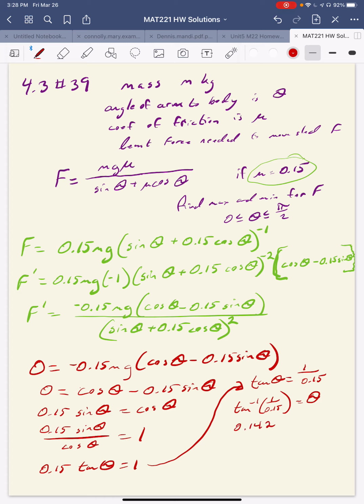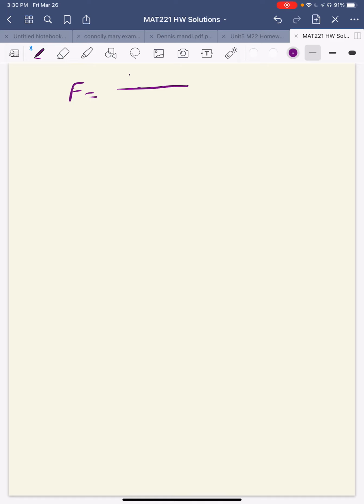So let's find out what the minimum force is at that minimum value. I'm going to need to go to another page here, and I'm going to rewrite my formula so I have it in front of me for force. Force is equal to mg mu over, and let me put in the 0.15 because that is what we're working with here, 0.15 mg over sine theta plus 0.15 cosine theta.